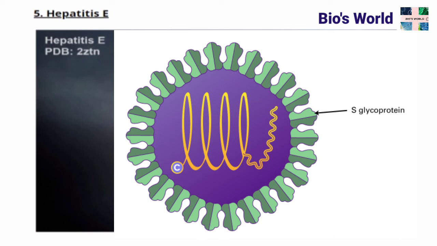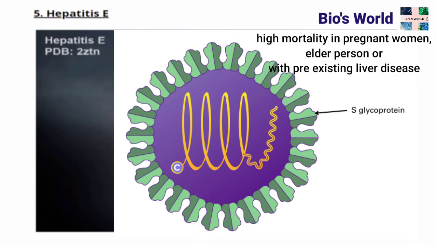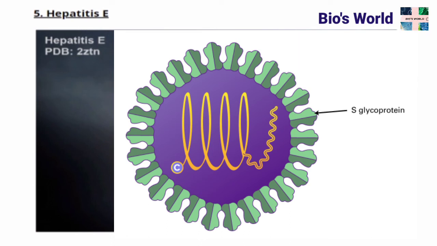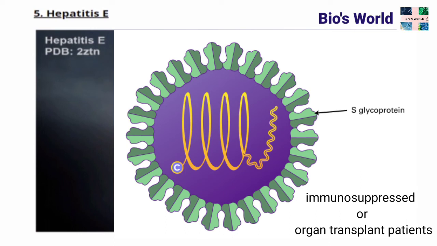It can cause an acute self-limited hepatitis in 5% of patients who contract the virus, but can have high mortality in pregnant women, the elderly or those with pre-existing liver disease. Chronic infection can occur in immunosuppressed or organ transplant patients.